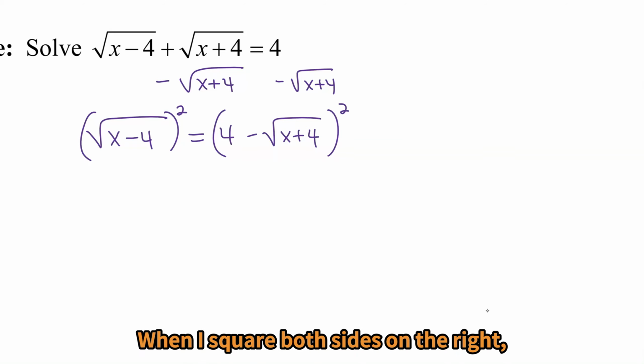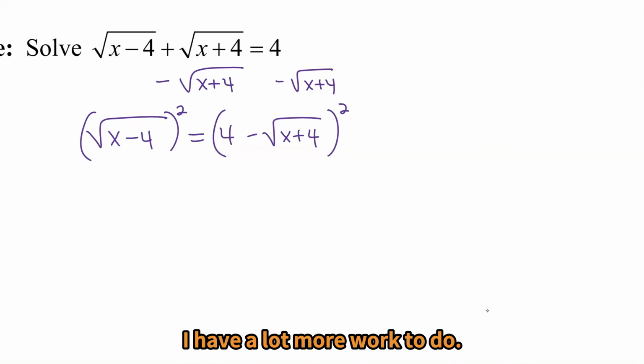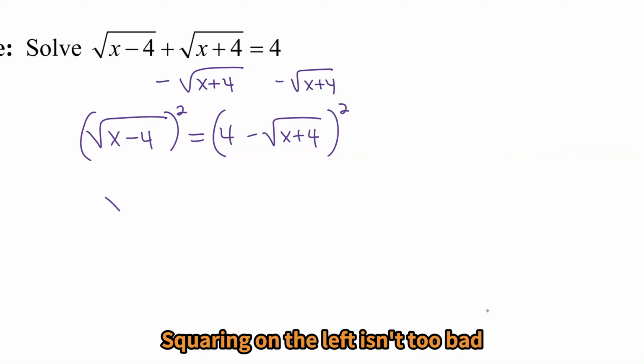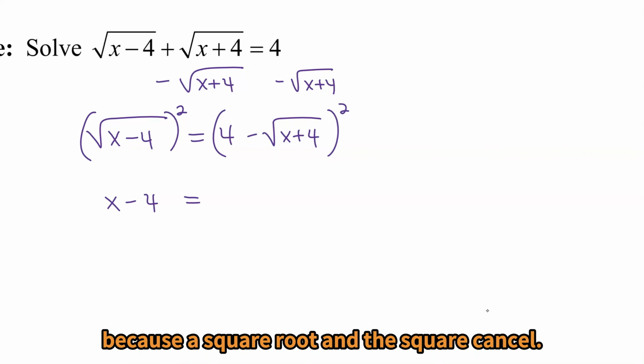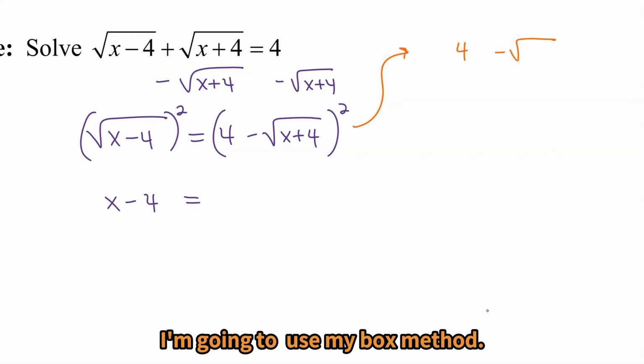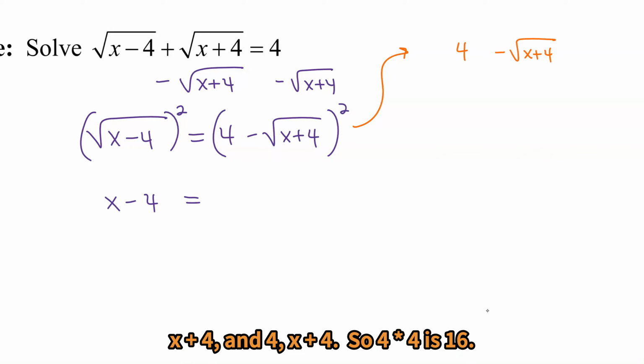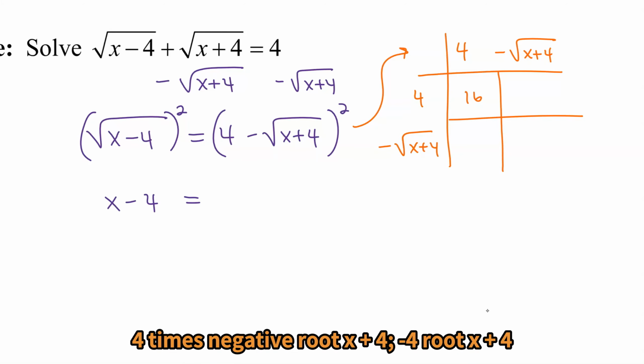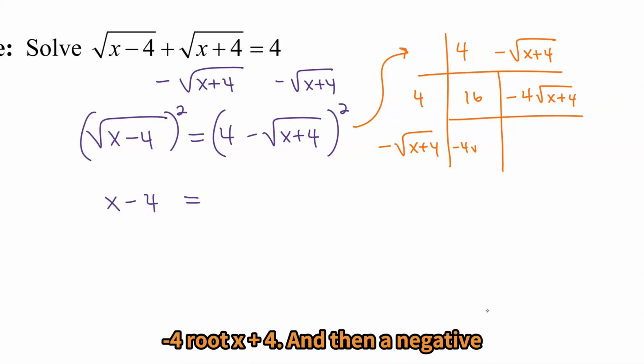When I square both sides, on the right I have a lot more work to do. Squaring on the left isn't too bad because the square root and the square cancel. So I'm going to take this square and use my box method. 4 and the square root of x plus 4, times 4 and the square root of x plus 4. 4 times 4 is 16. 4 times negative root x plus 4 is negative 4 root x plus 4, twice.